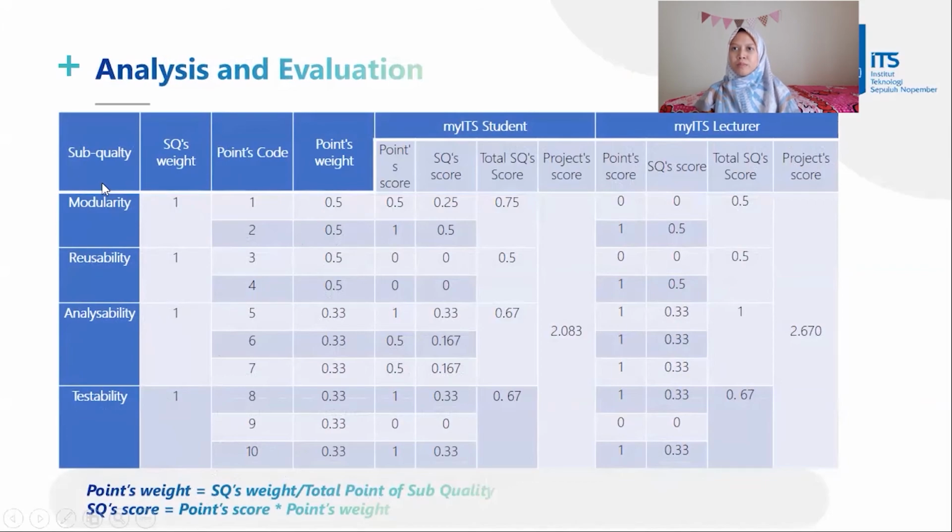For example, modularity has 2 points, so each point in modularity has a weight of 0.5. The point scores we get from the maintainability result on the previous slide. Sub-quality results we get from points multiplied by the point score. Based on key performance indicator weighting, we get the project score, or we can call it the application scores, as follows.